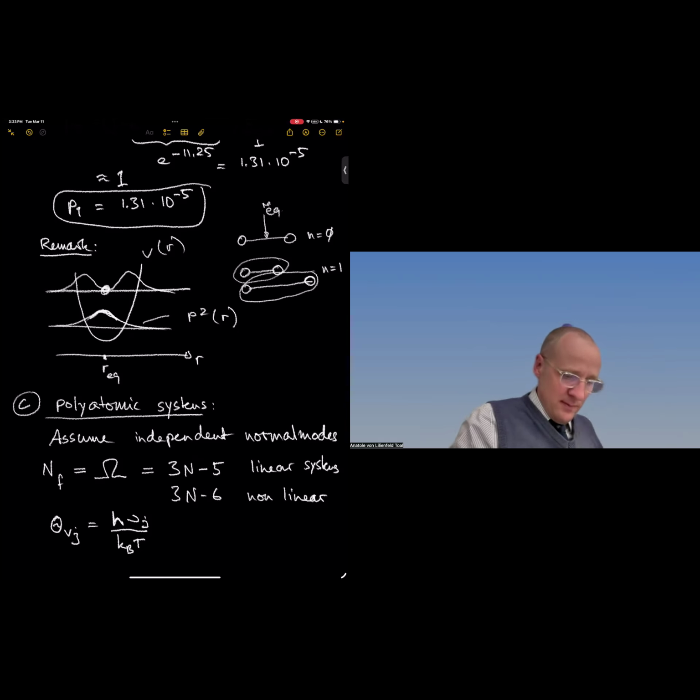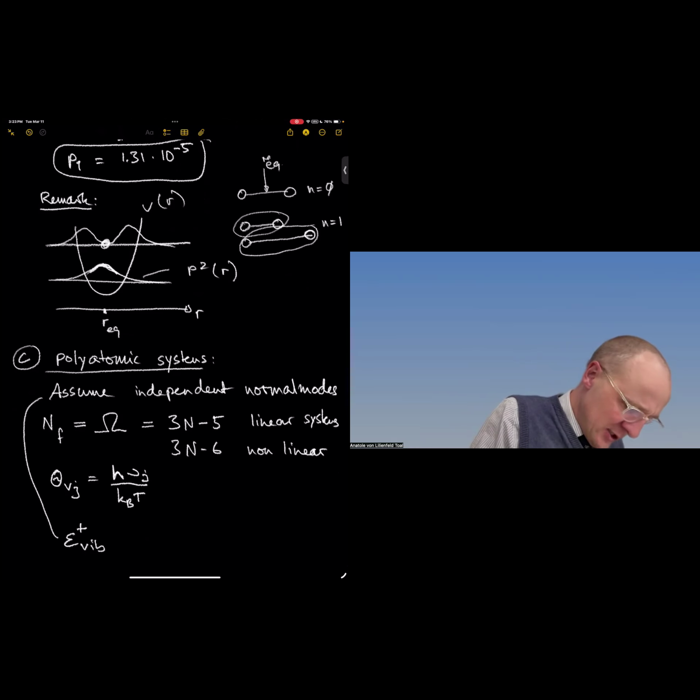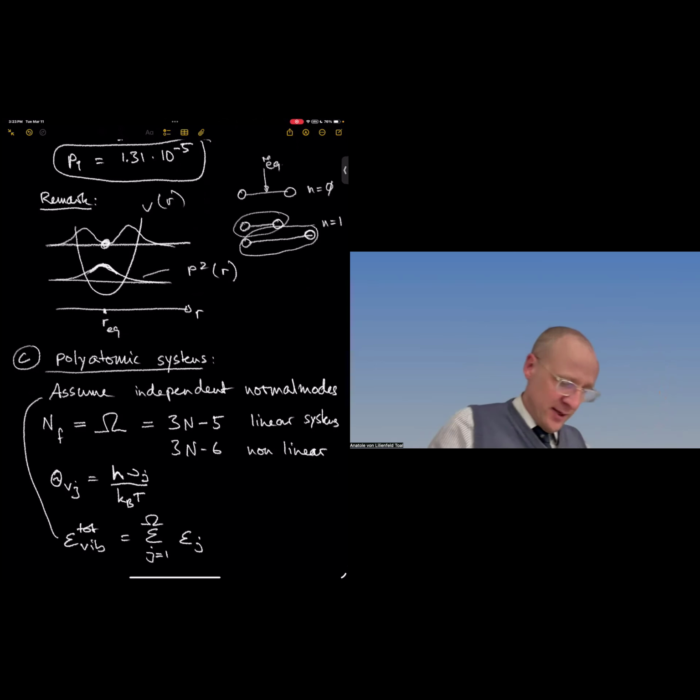Now, thanks to this independence assumption here, we can also write our vibrational total energy simply as a sum over our omega modes. Okay. And these are the vibrational eigenvalues or energies for each mode.